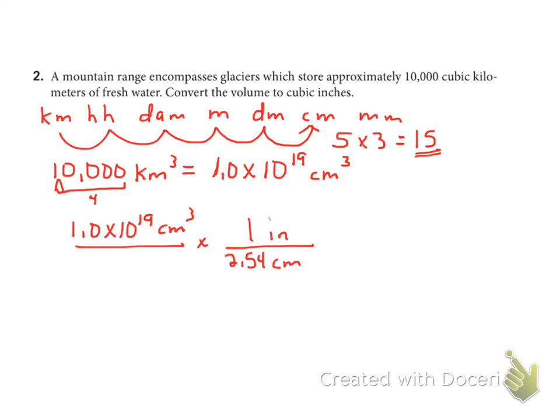But now be careful, because we need cubic centimeters, which means we have to cube everything in that conversion factor. So now we can cross off the cubic centimeters. 1 cubed is just 1, so we still have 1.0 times 10 to the 19th in the numerator. In the denominator, we have to take 2.54 and cube it. What is that number cubed?